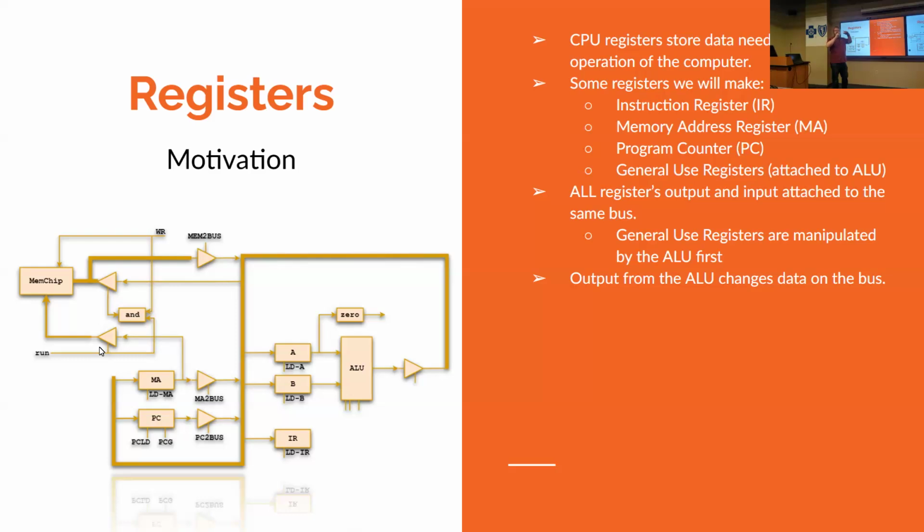Remember that from our D-Latches we built on Tuesday? As long as G is high, then if the data input changes, then what's being stored changes. So if the output of the ALU is going onto this bus and is attached to the input of the registers, then if we built these out of D-Latches, then as the ALU is manipulating the data and putting that new data on the bus, it would update the register, which would then change the results of the ALU, right?